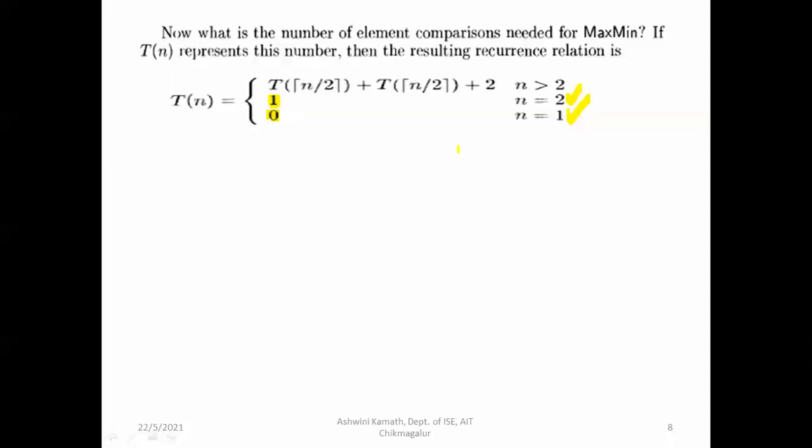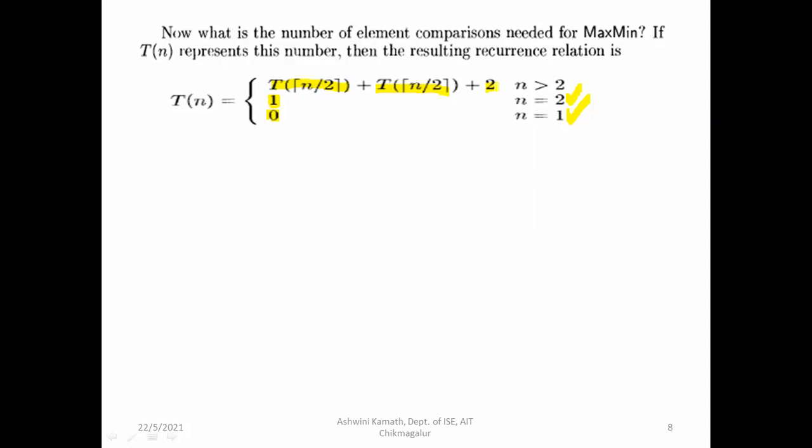When n is greater than 2, we have to divide the array. So it is T of n by 2 plus T of n by 2 plus 2. Why is it plus 2? Plus 2 is for when the array is divided into smaller ones, that is, when the number of elements becomes 1 or becomes 2 after dividing.